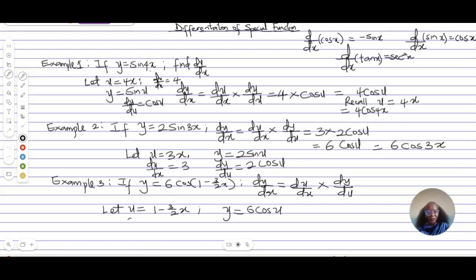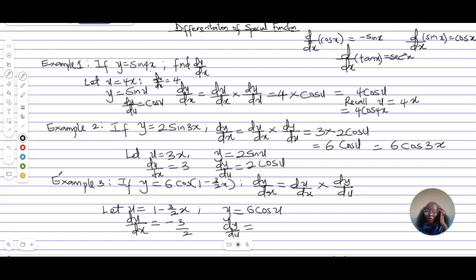Let's quickly find du/dx. I cannot differentiate a constant; the differentiation of a constant is 0, and 1 is a constant here. But I can differentiate negative 3 over 2x. Differentiating negative 3 over 2x with respect to x gives negative 3 over 2.